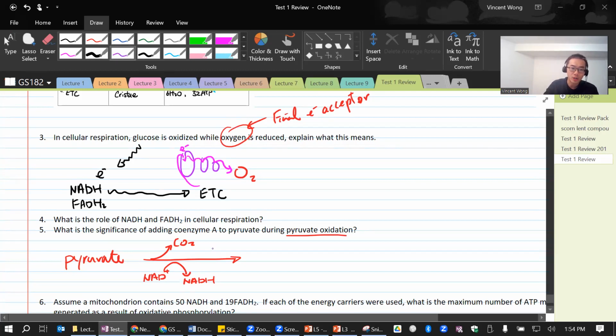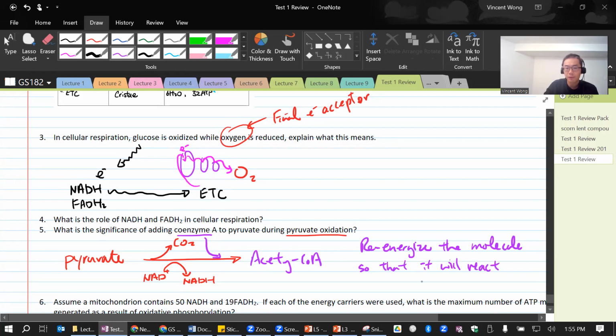So to recharge the molecule, coenzyme A is going to be added to it, and it becomes acetyl-CoA. So the purpose is to re-energize the molecule so that it will react further.